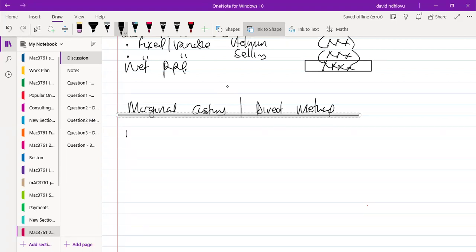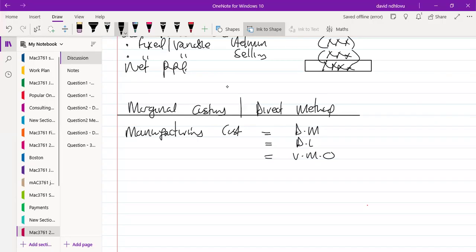So here, when we say manufacturing costs, we make a small adjustment from absorption costing. So we have direct material, we add direct labor, we add variable manufacturing overhead. But more importantly, we exclude the fixed manufacturing overhead costs.